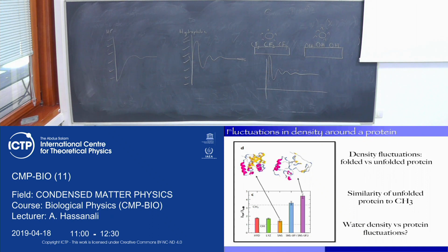Enhanced density fluctuations make it more unstable. It's not good for the system. What does that mean?